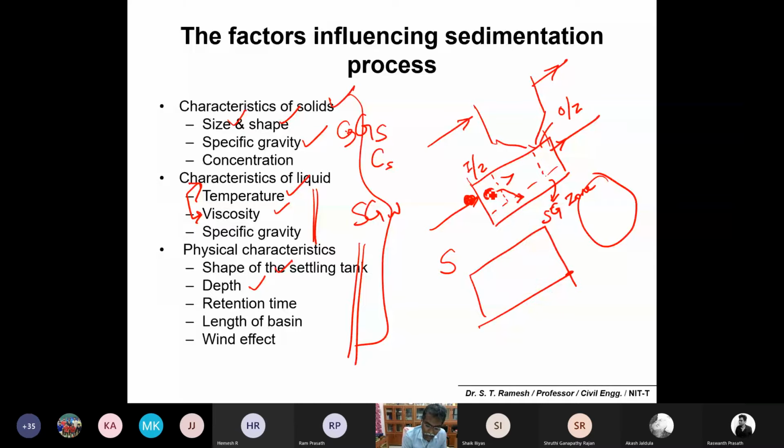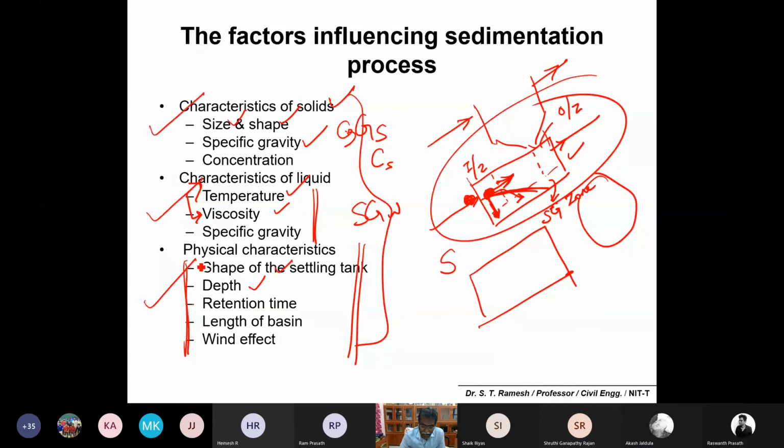Please remember that the physical characteristics of the sedimentation tank play an important role in removing solids. Let me repeat: characteristics of the solids, characteristics of the liquid, and physical characteristics of your tank dimensions, especially depth, retention time, length, and wind effect. Because these are very large open tanks, there could be a wind effect.